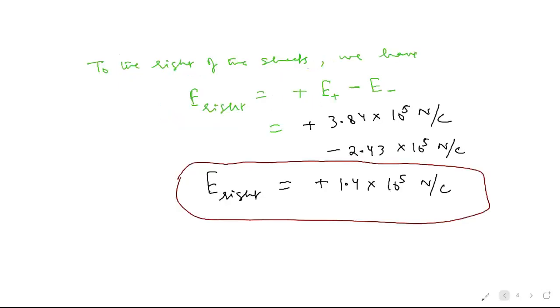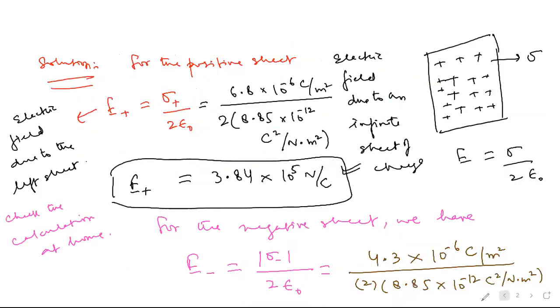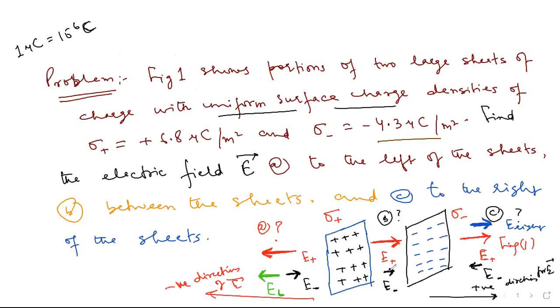Go to the figure. Between the sheets, both vectors are pointing in the positive x direction. So positive direction chosen for E. So we have to add them both. We have to take positive.